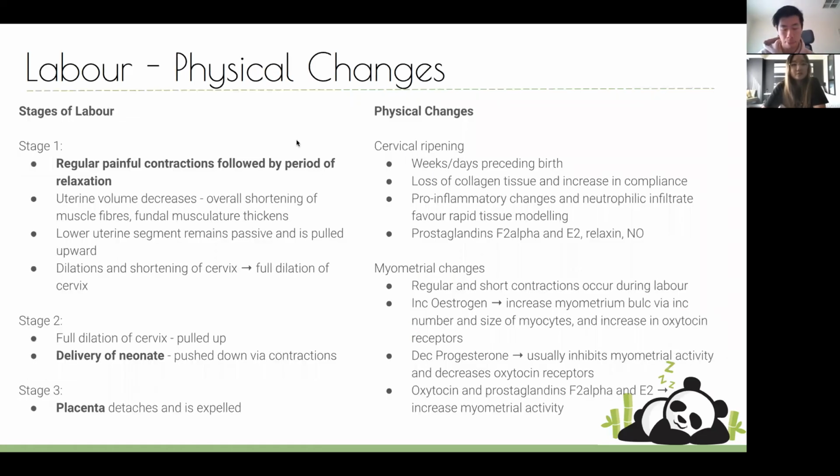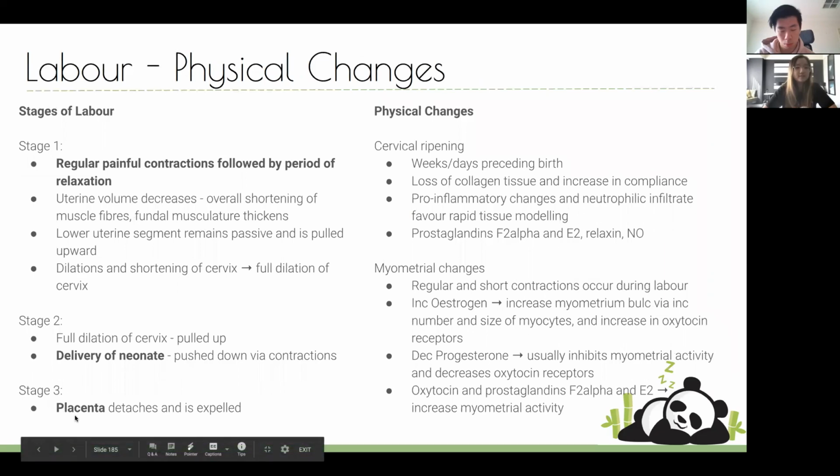These are the physical stages of labor. So you have stage 1, which are just regular painful contractions followed by relaxation. Again, you have dilation, shortening of the cervix, your uterine volume decreases, etc. Stage 2 is just delivery, and then stage 3 is the delivery of the placenta.